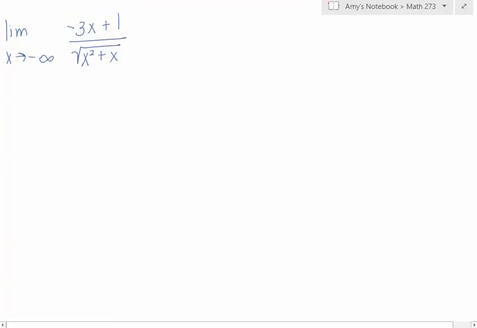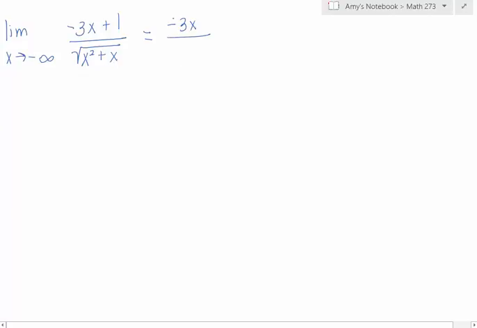Here you have the limit as x is approaching negative infinity of negative 3x plus 1 over the square root of x squared plus x. If I were to reduce this, and I'm thinking about going to negative infinity, the positive 1 doesn't really make any difference.